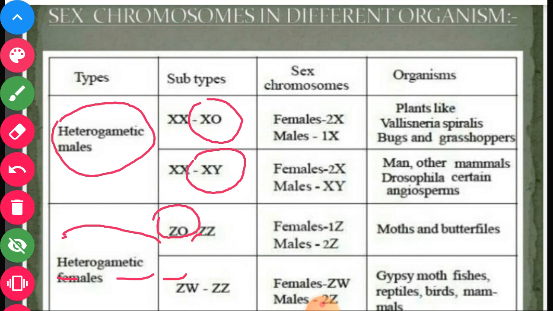So they are showing female heterogamety. So see here, male heterogamety and female heterogamety. You can see male heterogamety in man, other mammals and Drosophila, and female heterogamety mostly in birds.